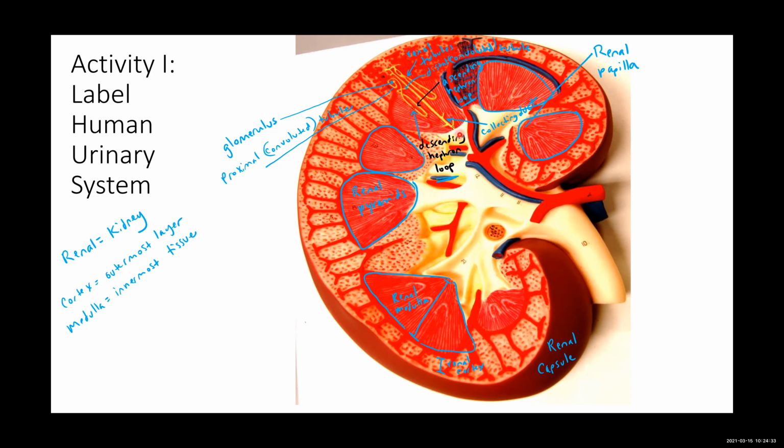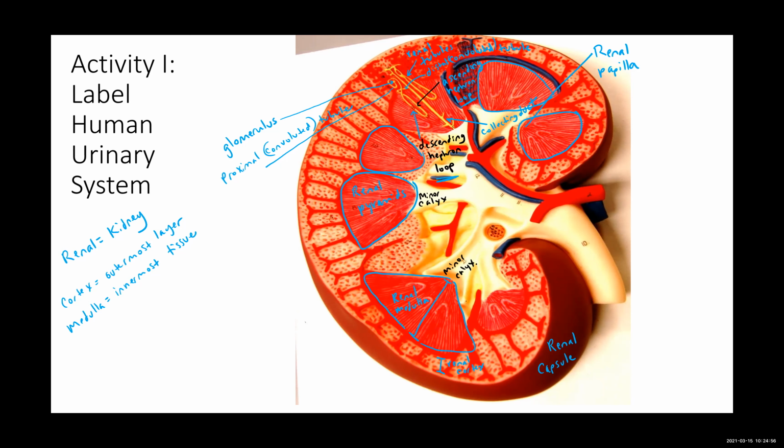From there, we see that the urine is going to flow into what is called the minor calyx. So let's go back to doing our labels. So we can call this the minor calyx. All of these here would be minor calyx. So calyxes would be the plural form of the word.